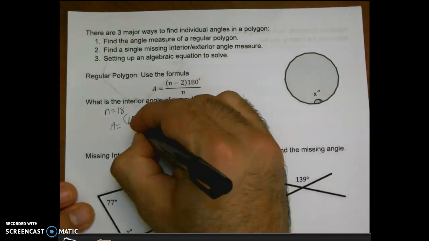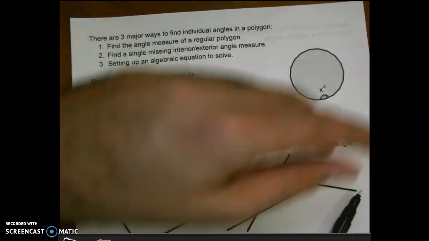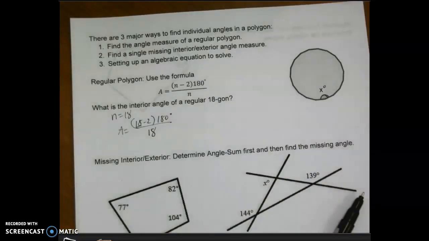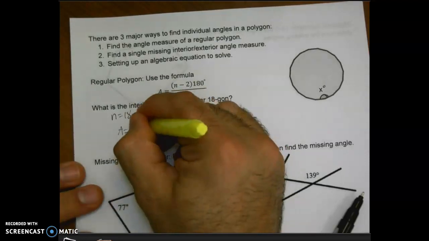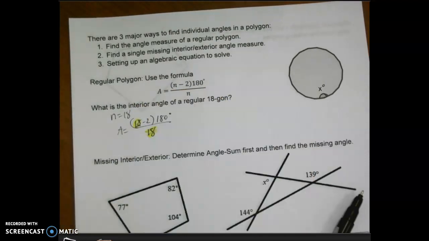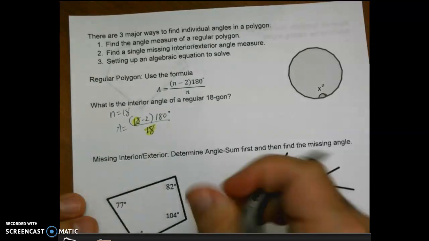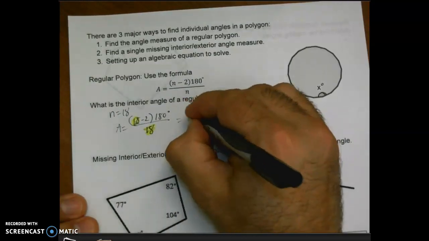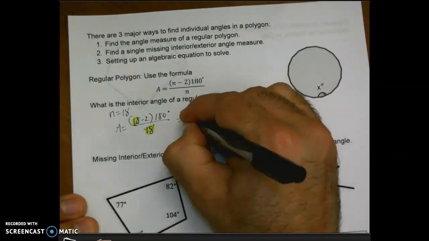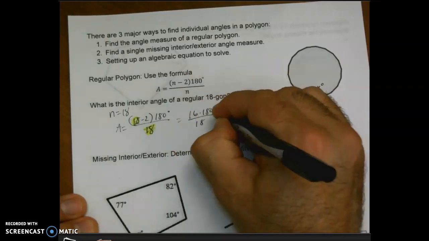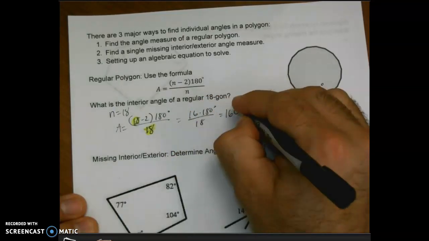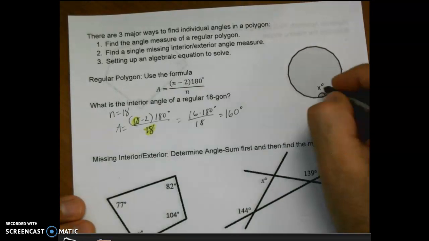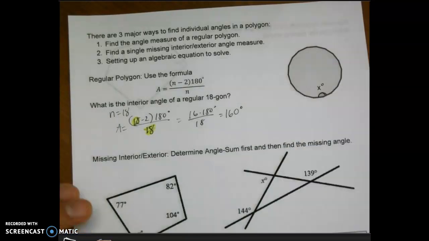My second substitution is right here, 18. So two substitutions. Simplifying, that becomes 16 times 180 degrees divided by 18, which actually ends up being 160 degrees. So each one of these angles is 160 degrees.